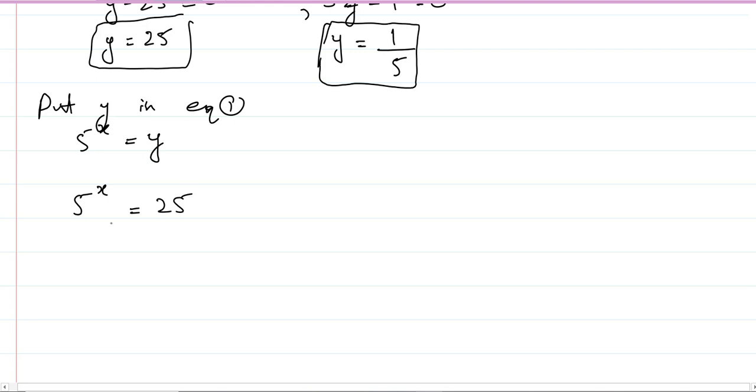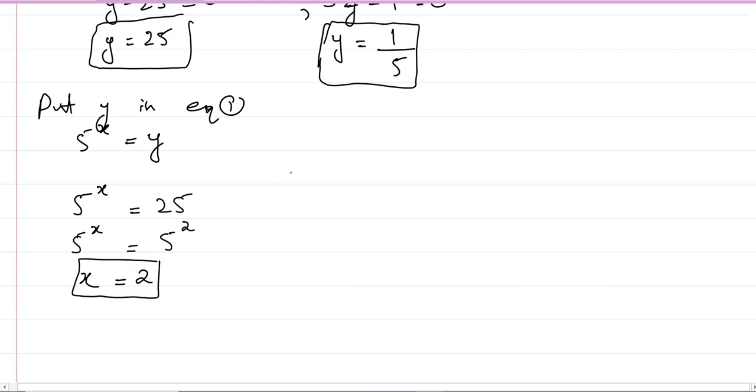Now we will have to make the bases equal. We can't extract another base on the left, but on the right-hand side we have 25, so we can make it 5 raised to the power 2. So 5 raised to the power x is equal to 5 raised to the power 2. Now the bases are equal, which leads us to x is equal to 2.